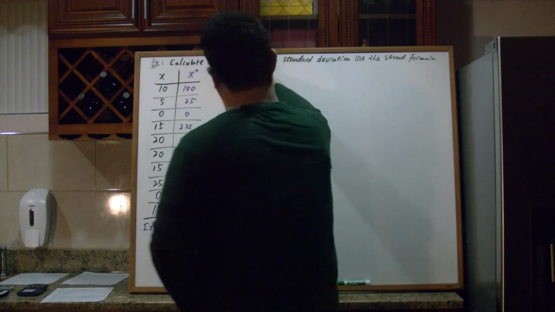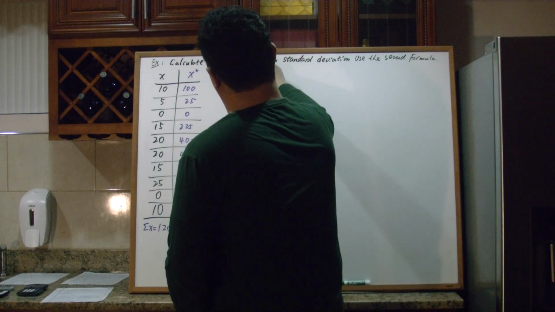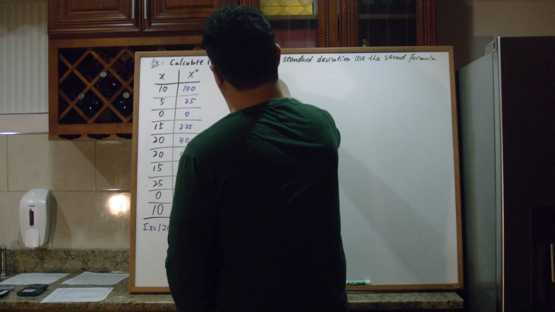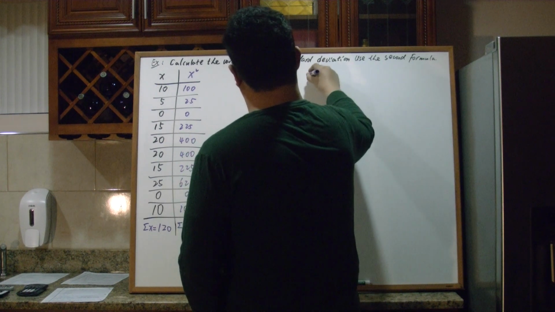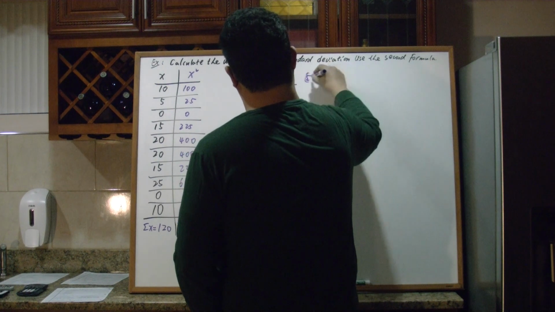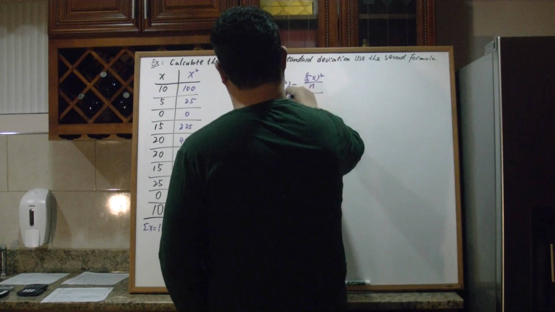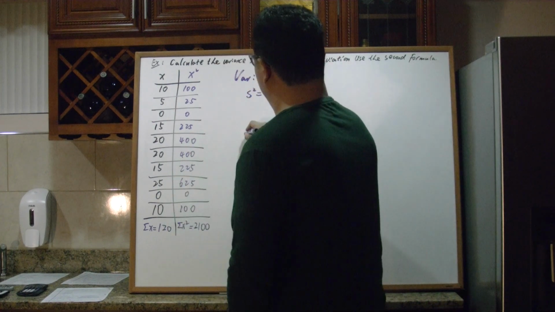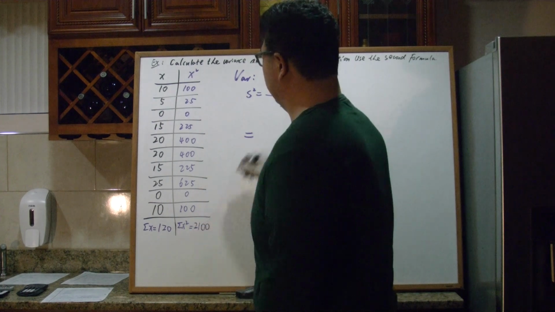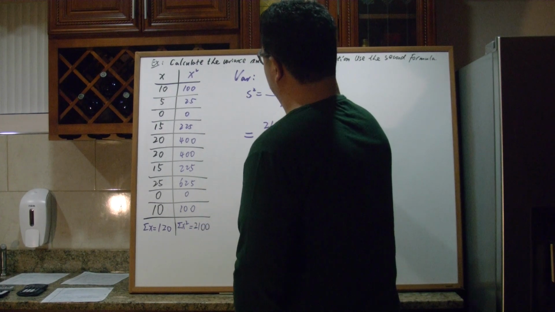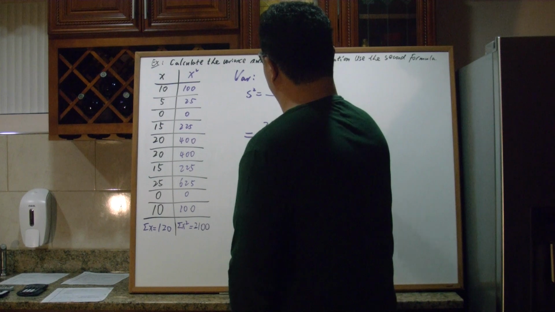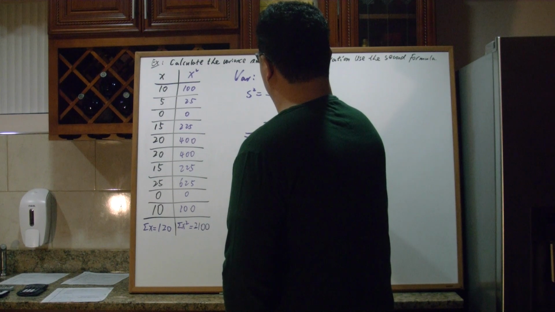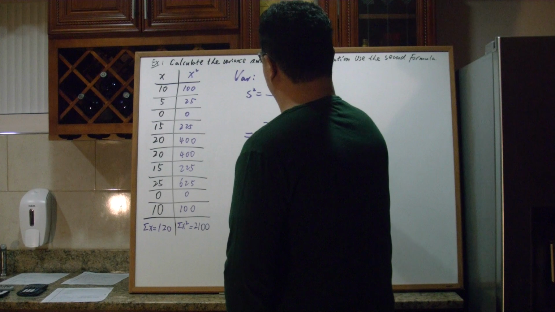So the variance is the sum of x squared minus the sum of x squared over n, divided by n minus 1. The sum of x squared is 2100, minus the square of 120 over 10, divided by 10 minus 1.